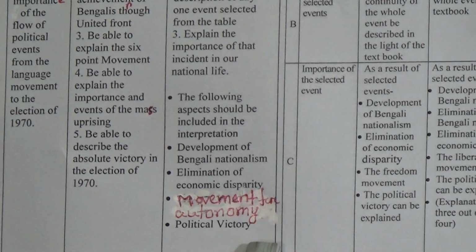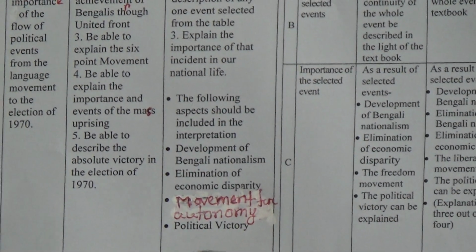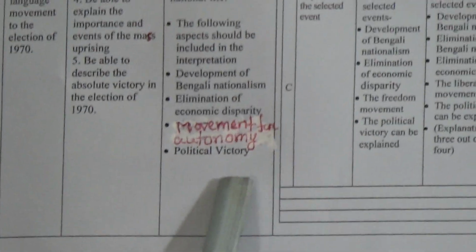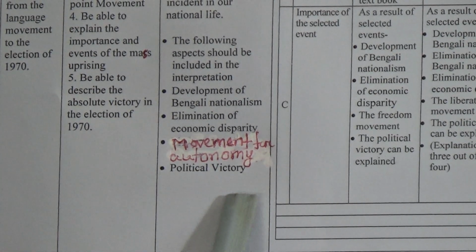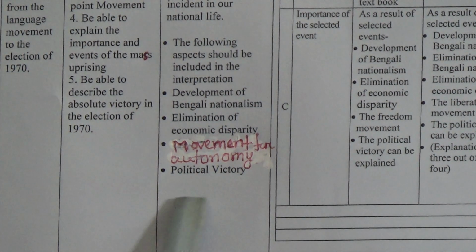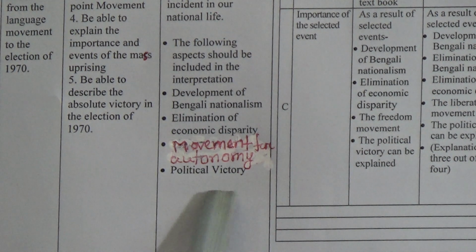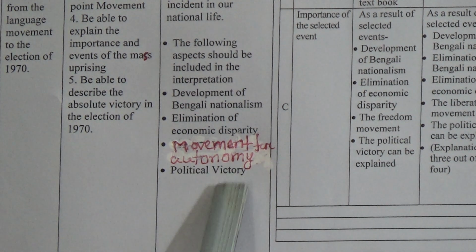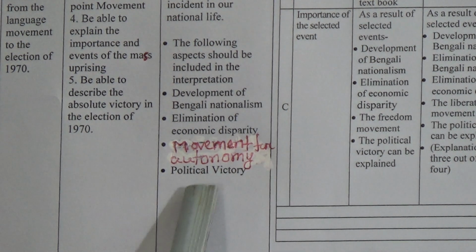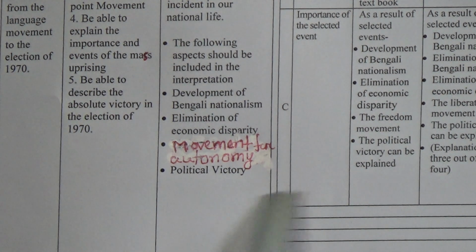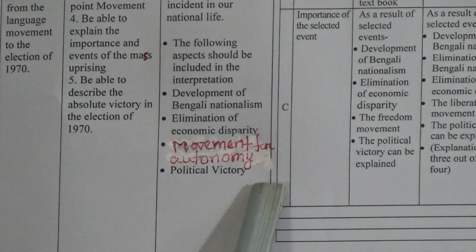Student, we know that the 1970 election is a landmark milestone in the history of Bangladesh's independence, and the Awami League led by Sheikh Mujibur Rahman won an absolute majority in this election, and this paved a new chapter for us, and we got our independence.